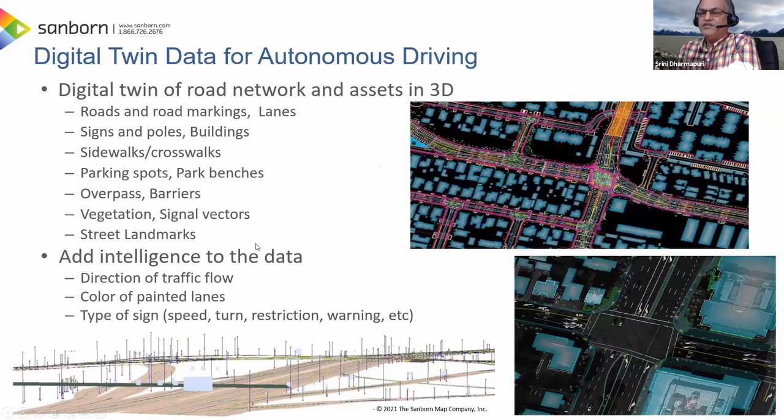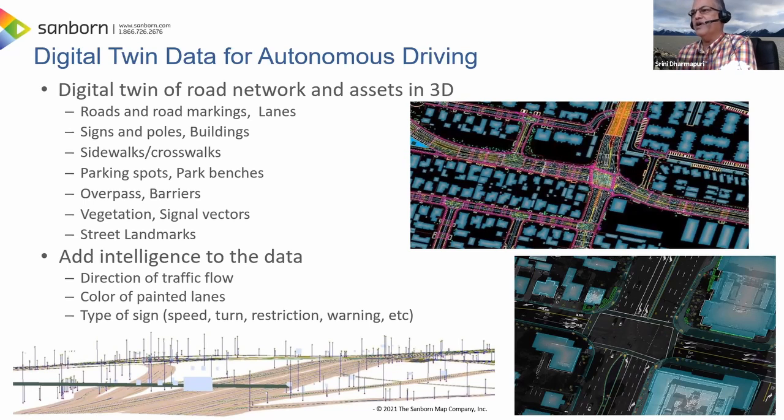Then the next one is autonomous driving. This is what I said at the beginning. We use navigational maps day in, day out whenever we drive. But HD maps, which we call intelligent maps or high definition maps, are totally different from a navigation map in the sense that they have all the information that you see on the road when you're driving.